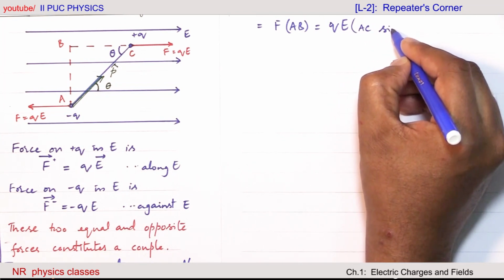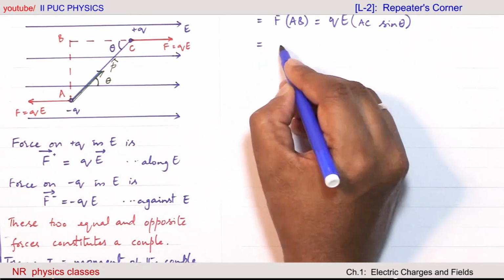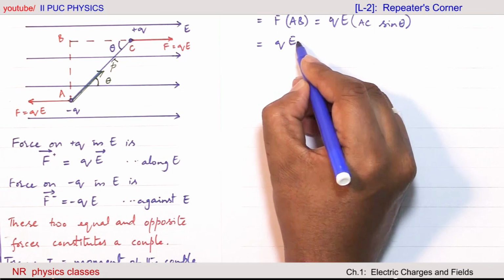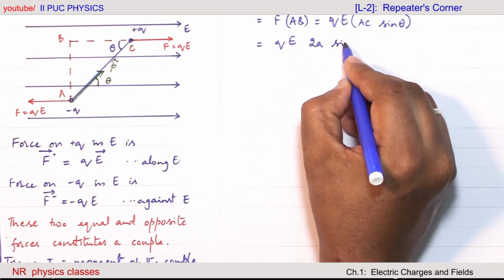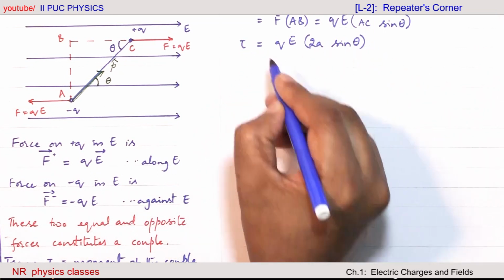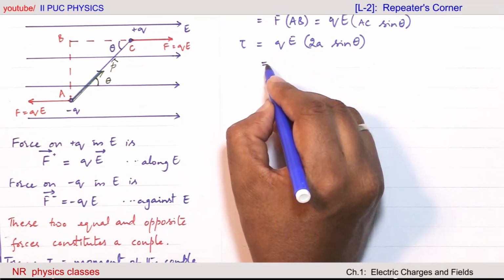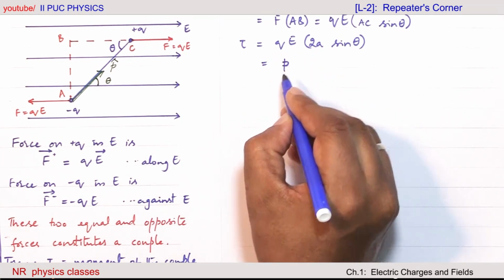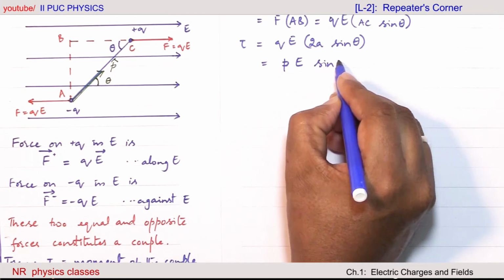AC sin theta equal to Q into E. AC is 2A into sin theta. This is torque. Q into 2A is nothing but P. Magnitude of P, E, sin theta.